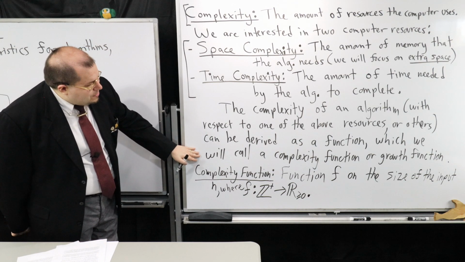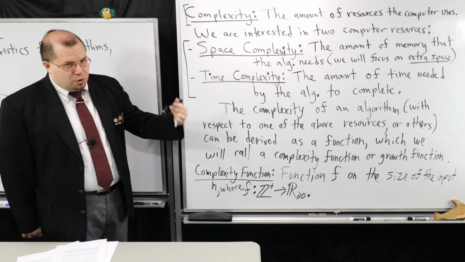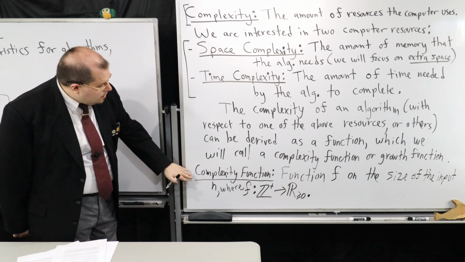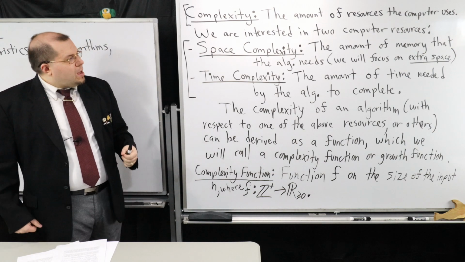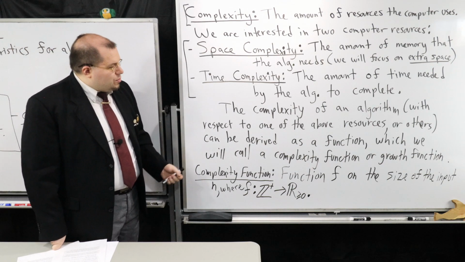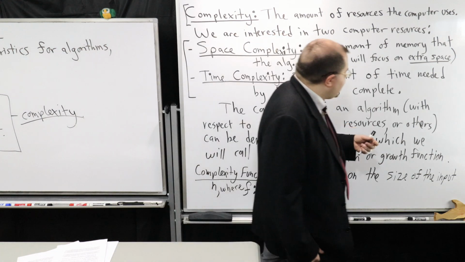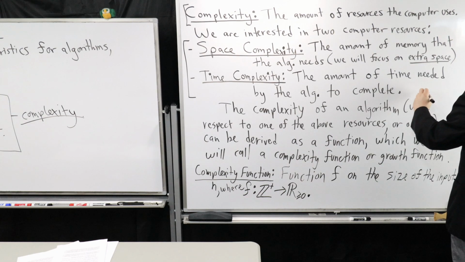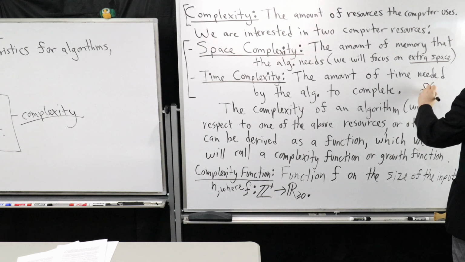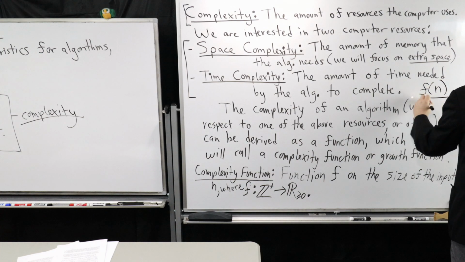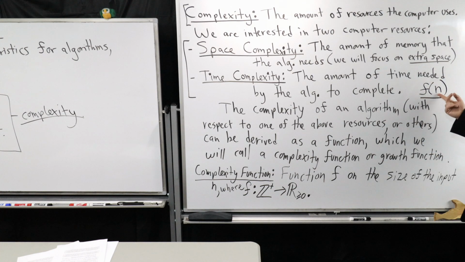So this brings me to the idea of a complexity or growth function. So a complexity function, if I call it f, one thing I want to remark on is that normally in this course, even though it's technically an abuse of notation, if I talk about the function f, I'll usually talk about it in terms of whatever the input is.